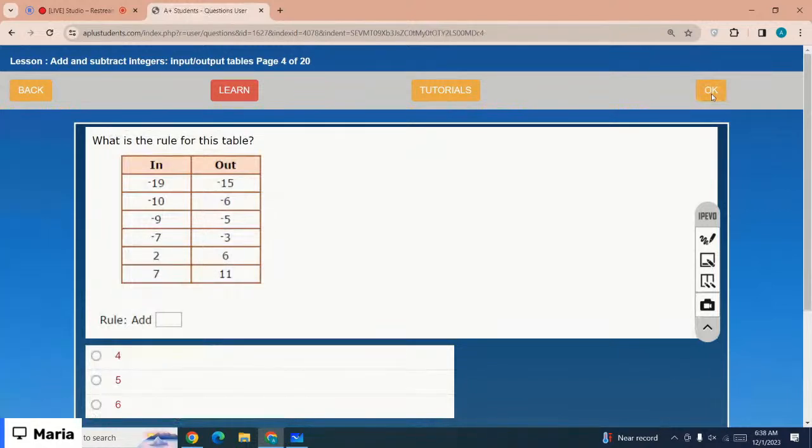What is the rule for this table? Which is the correct option? Which number are you going to add? 4, 5, 6.